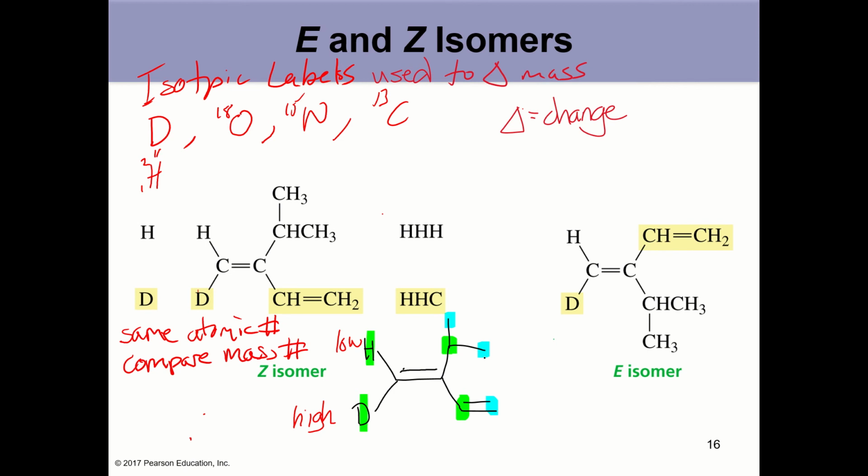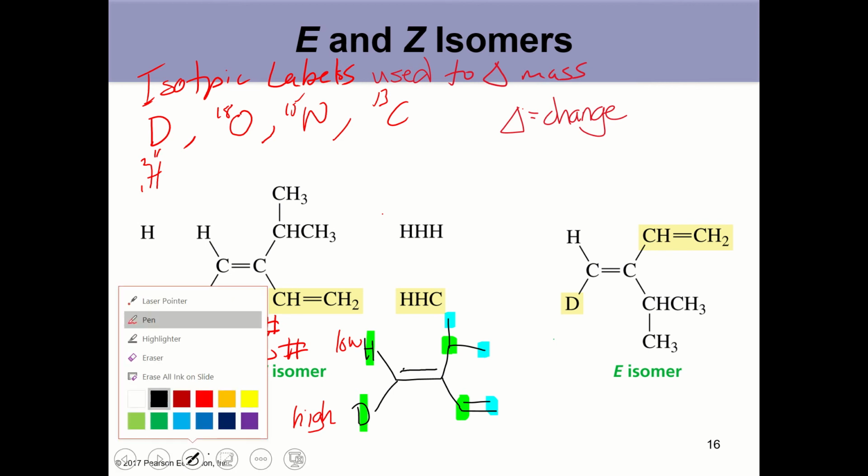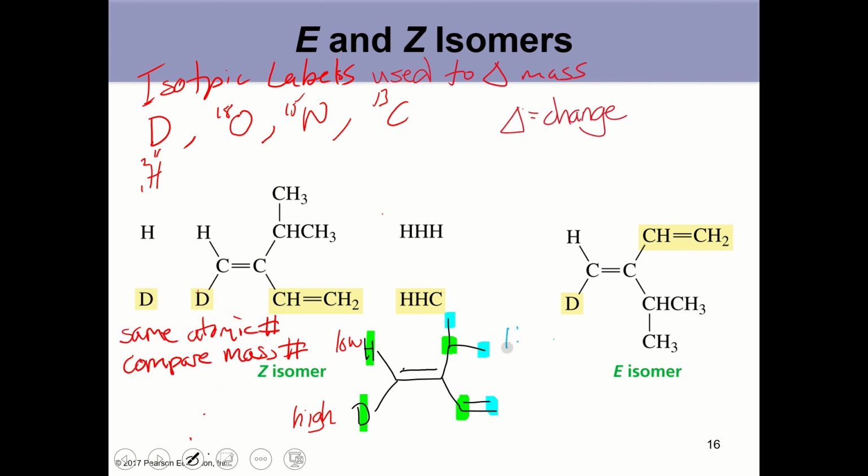So the blue carbon on the left is a methyl group. So it is bonded to 3 hydrogens. It's bonded to H, H, H. The blue carbon below is a CH2 group. It's bonded to 2 hydrogens.